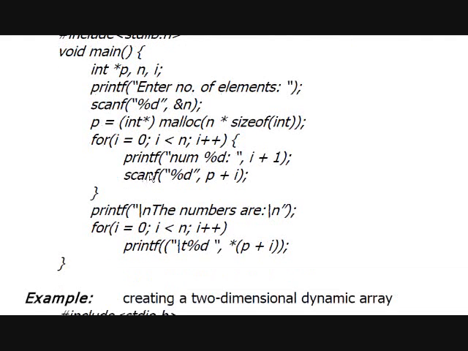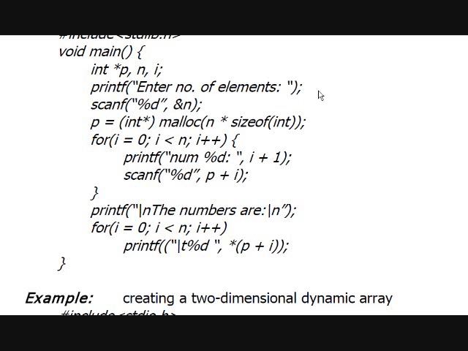Okay, then using a for loop here, we can now input elements to our array. So our array here has 5 cells of 2 bytes memory each, and it's not allocated from the stack but from the heap because we use malloc.